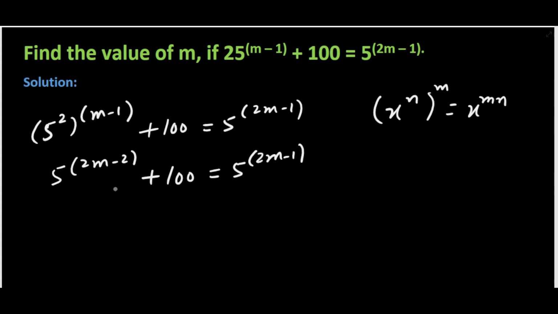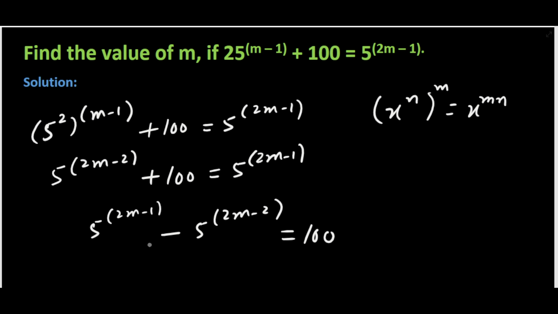So what we will get is 5 power 2m minus 1 minus this expression 5 power 2m minus 2 is equal to 100. We just moved this portion from the left hand side to the right hand side, and 100 is the same.